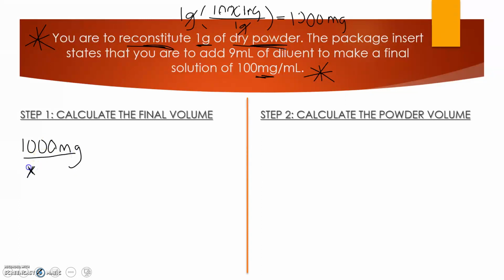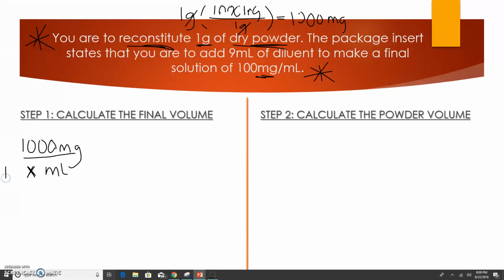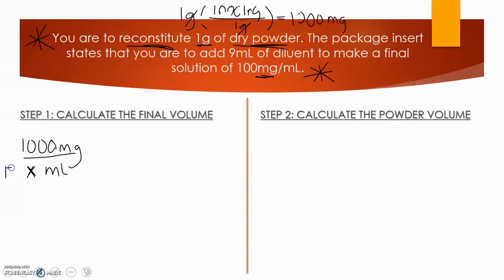We need to know what this X is, which X mLs, which will be our final volume, is equal to this concentration. This is how much our final solution is going to be. 100 milligrams per 1 ml.